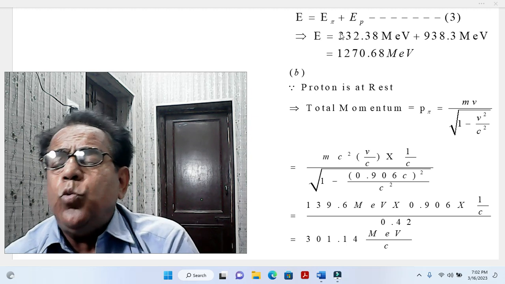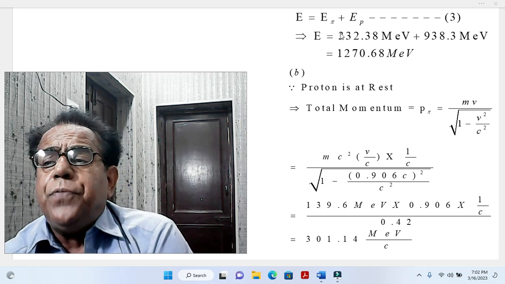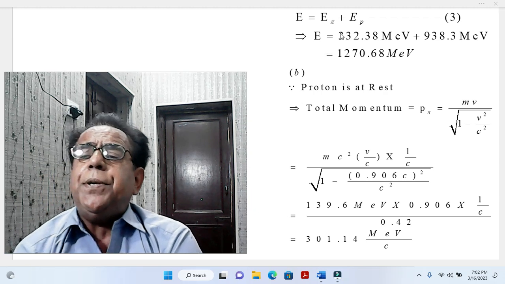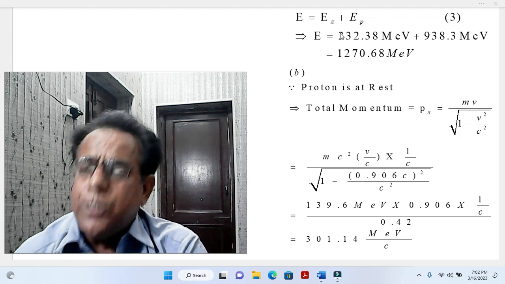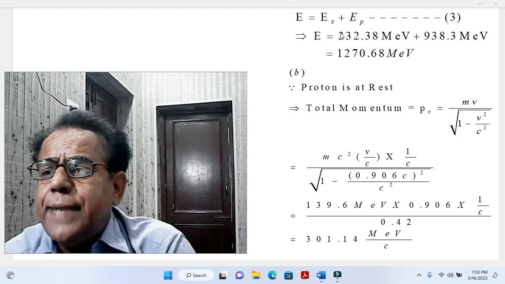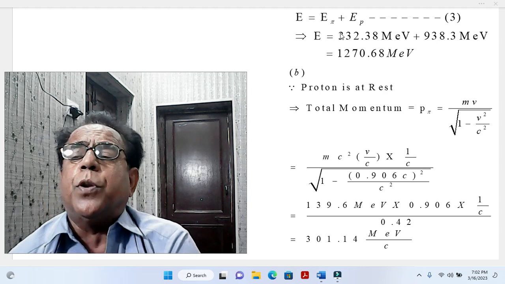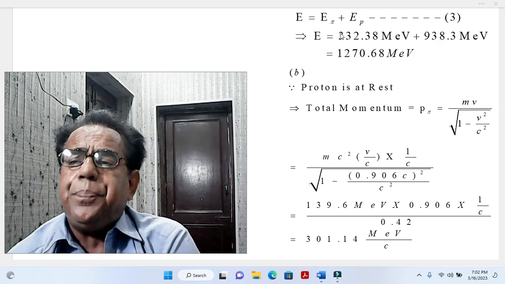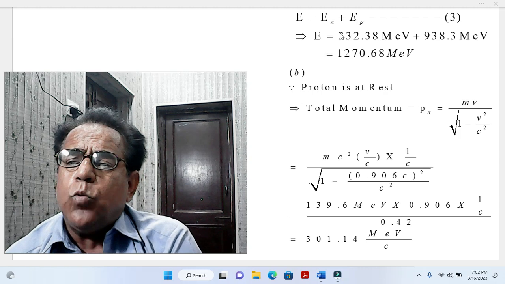Here we do not need to find out the value of the momentum of the proton, which will be denoted by Pp, because Pp is 0, because the proton is at rest. Therefore the total momentum will be the momentum of the Pi-Meson. The momentum of the proton is 0. So in part B we have to calculate only one thing.